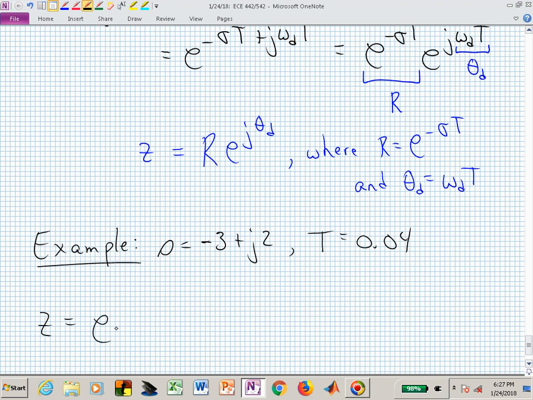Z is now e to the S, which is minus 3 plus j2 times T, which is 0.04.